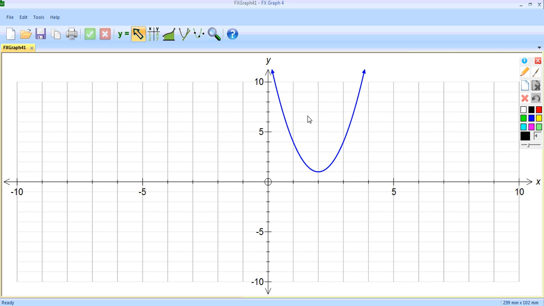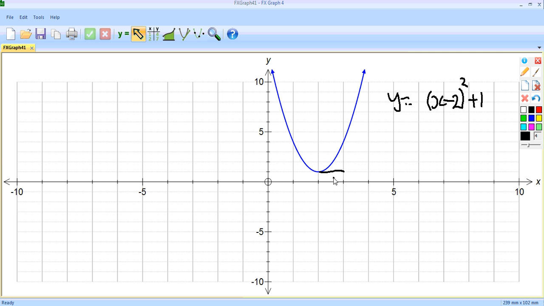This graph has moved up 1. So it is going to be y equals, remember you've got something in the front there, but we'll calculate that. And then this is x, it's moved to the right. If it's moved to the right, that's minus 2 squared. It's moved up 1, so this is a plus 1.